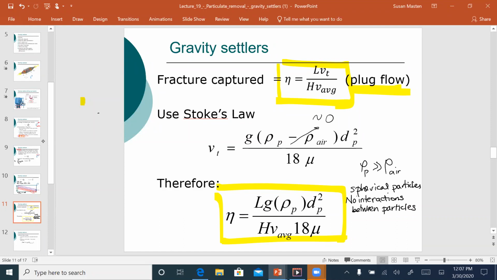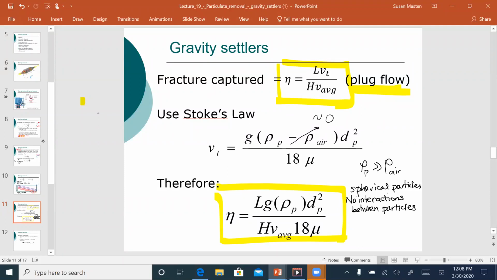So when particles are settling, if they do collide with one another, think of it as an elastic collision. They don't attach, they don't grow, they just simply collide and then separate.